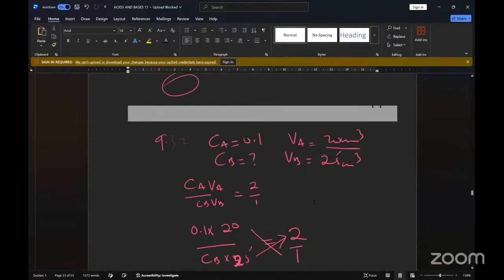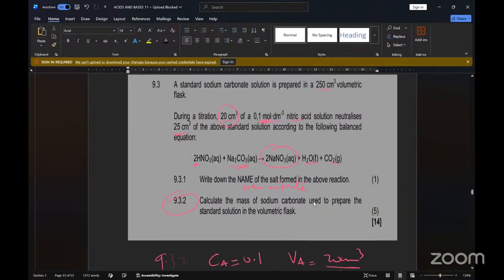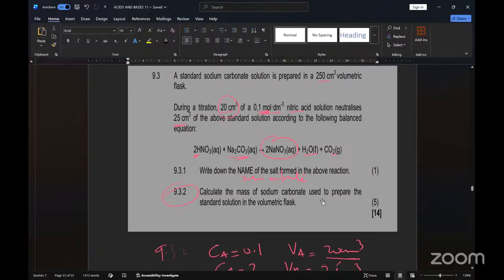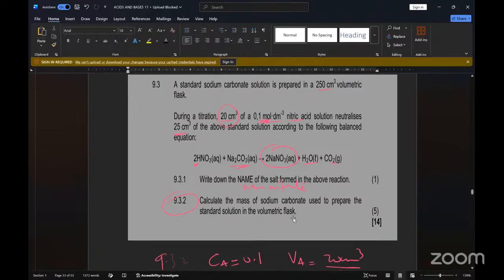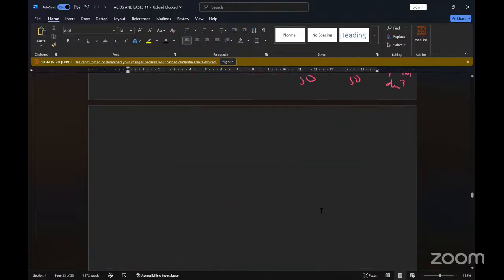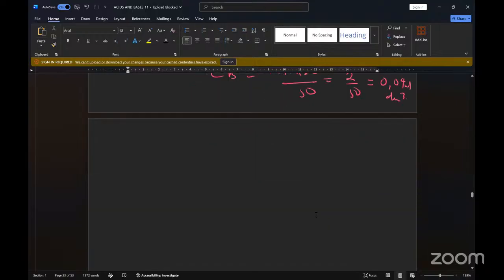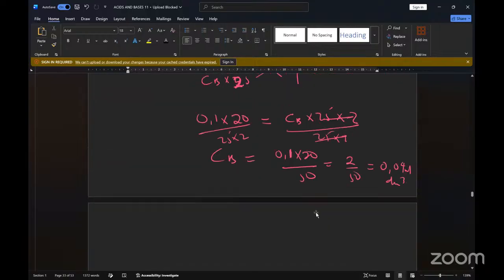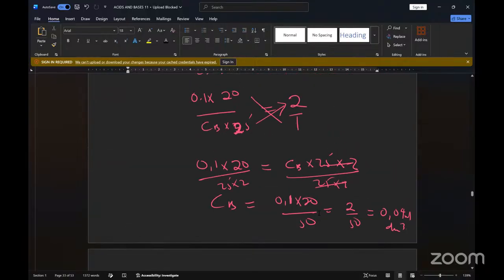Let me see what is the concentration of the base during the titration. Oh, okay, in the full volumetric flask. It's a bit confusing. Sometimes you have to think, or else you'll be found wanting. Okay, so I've gotten the clue.